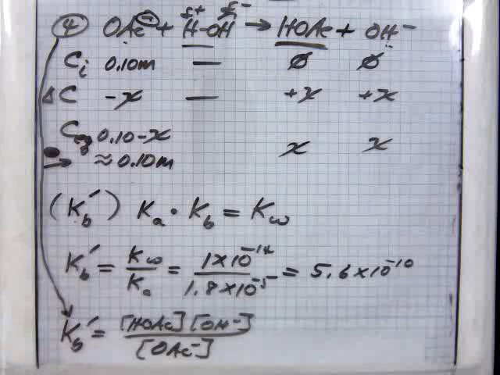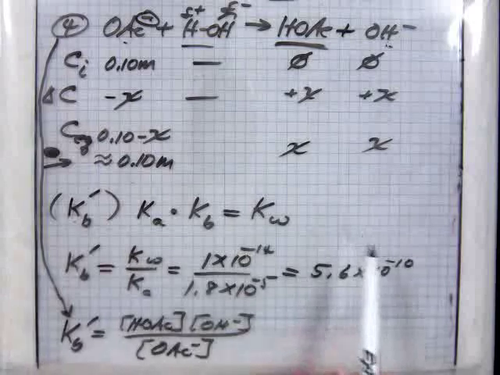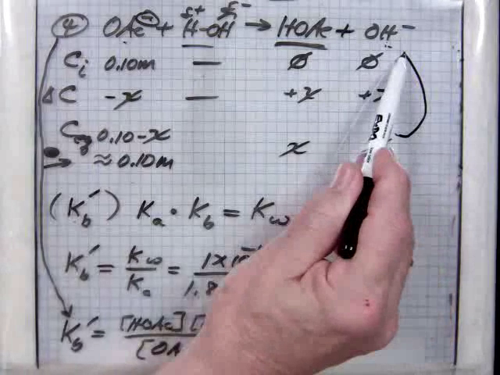Now you'll substitute the values on that row into that expression and solve for the unknown. And notice it will give you hydroxide.